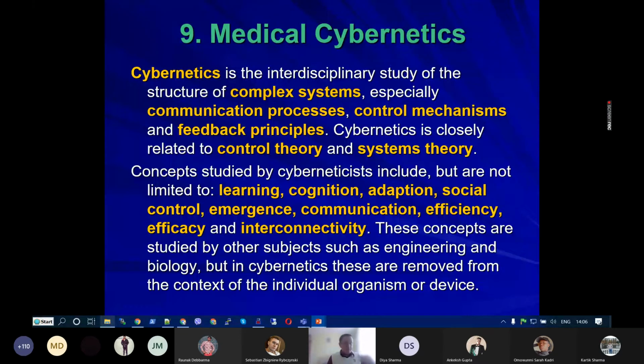Maybe to move quickly forward. So what is key in cybernetics? That we consider everything as a system, and a system which interacts with the universe through informational processes.